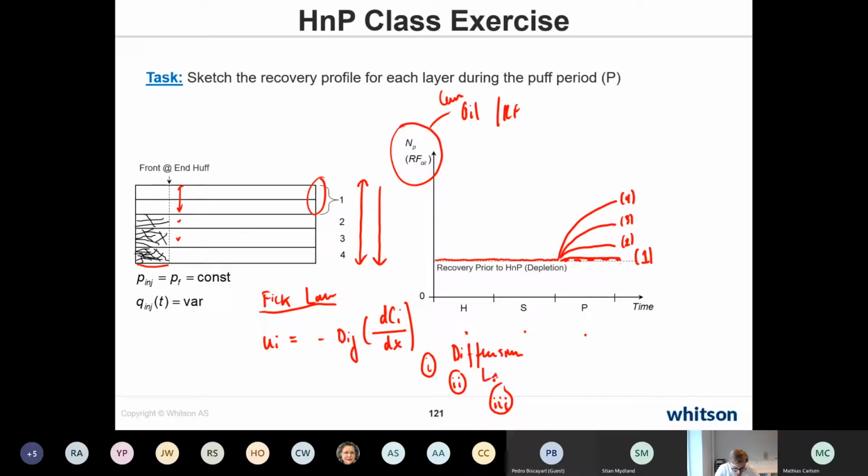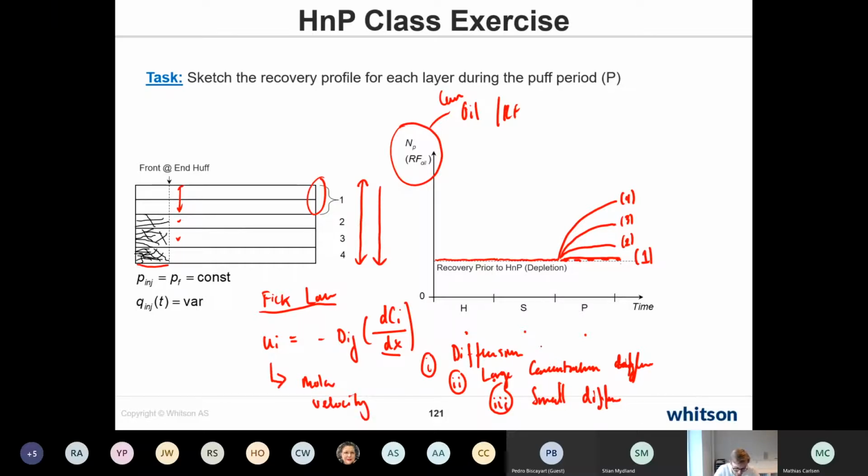The second point is large concentration differences, and the third one is smaller distances, the dx here. And what we're actually trying to quantify right here is the so-called molar velocity of a component.